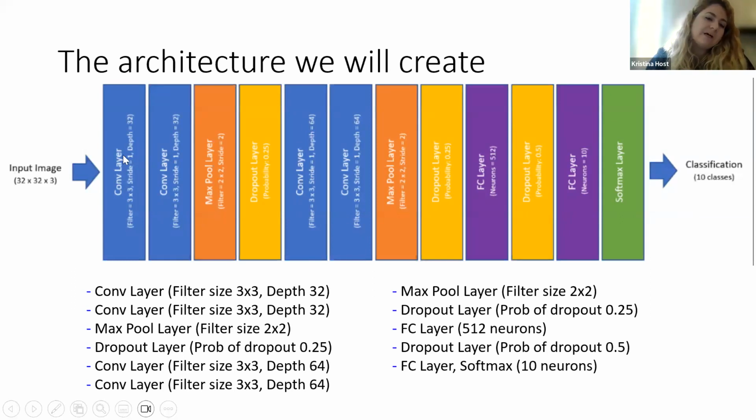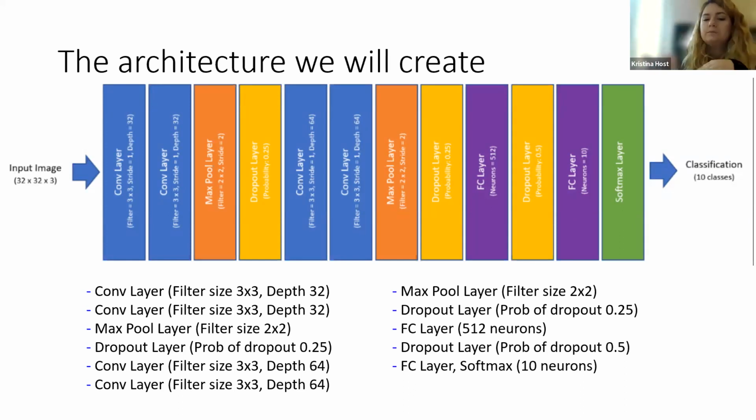We will have stride 1, so we will move around the picture by 1 pixel. We will have then a max pooling layer, then a dropout layer, so we'll take a percentage of filters and remove them.